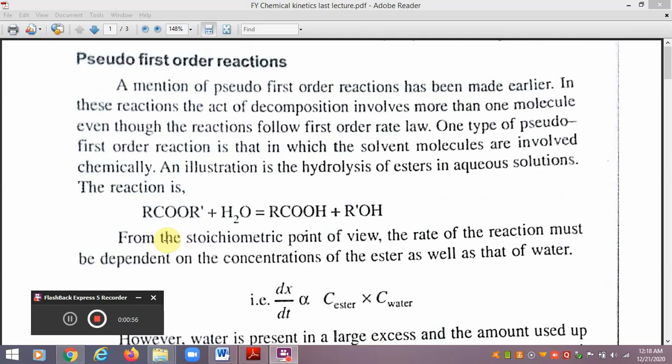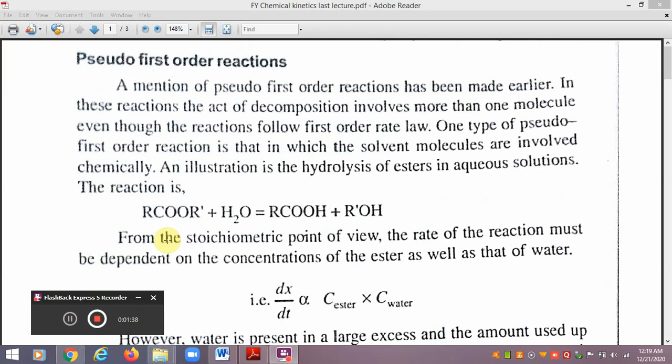Dear friends, now we are going to talk about another important topic in chemical kinetics, entitled pseudo order reaction, or simply called pseudo molecular reaction. Generally it is observed that in some reactions solvent molecules are also involved chemically and take part in the reaction.